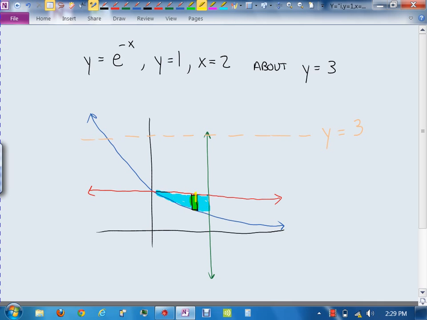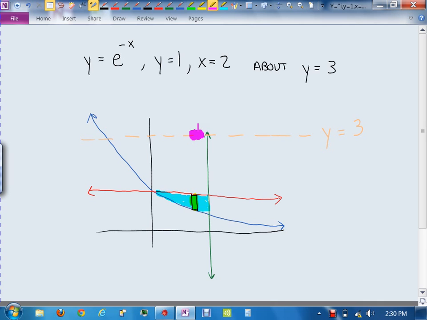But what's the outer? See, you have to remember, you're standing right here, my purple little dot there, looking out at the rectangle. So if I'm standing here looking out at the rectangle, the outer one is the distance from me to that blue, and the inner one is the distance from me to the red.